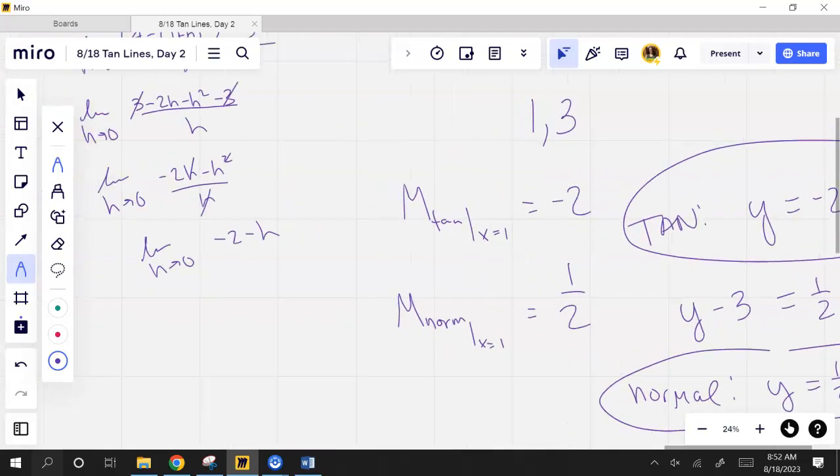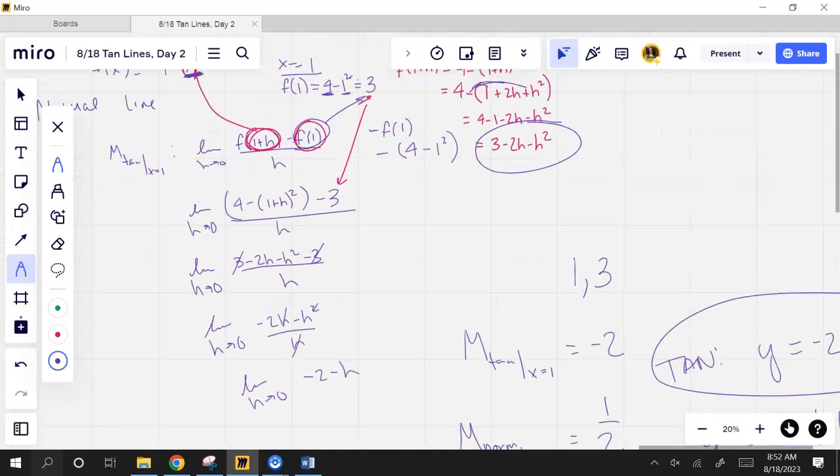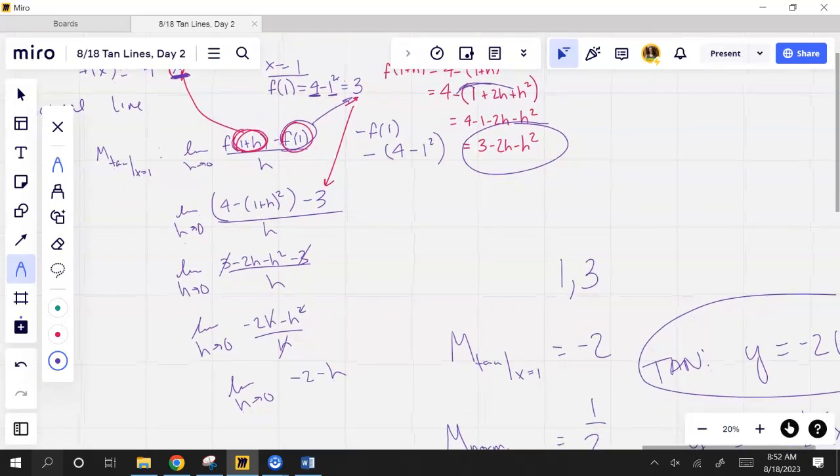I'm gonna look at it. Which part? On the difference quotient? I don't know. I have to look at it. Did it ask you for the tan line or did it ask you for the normal line?